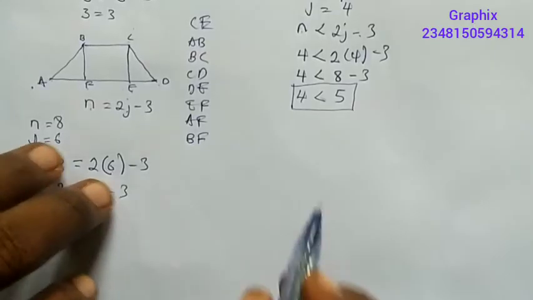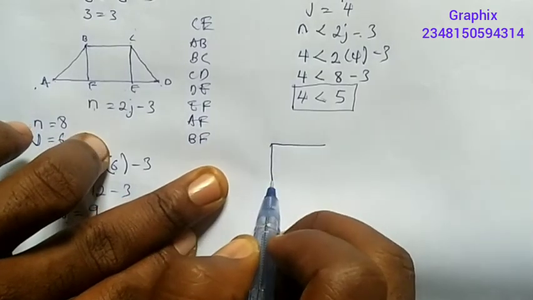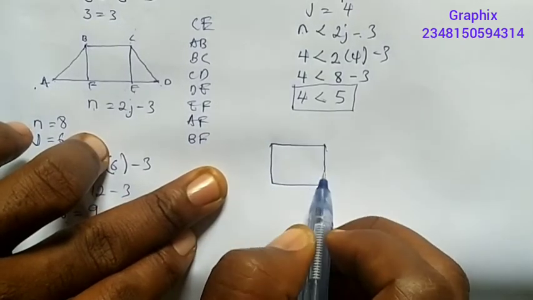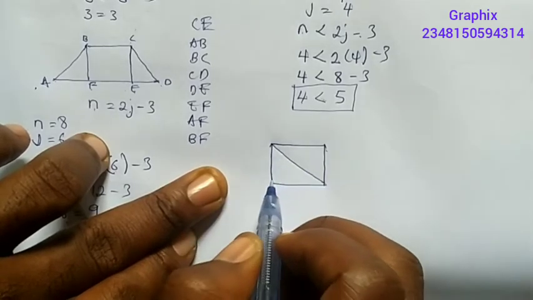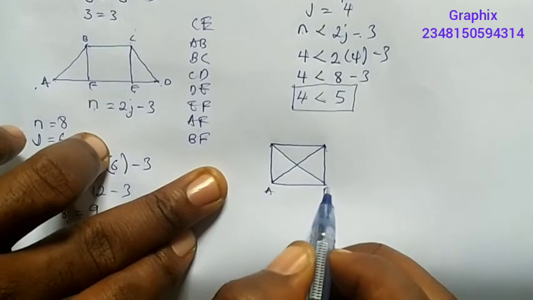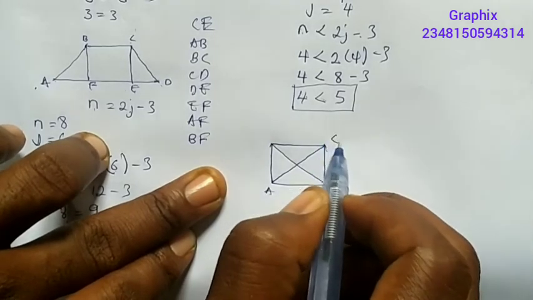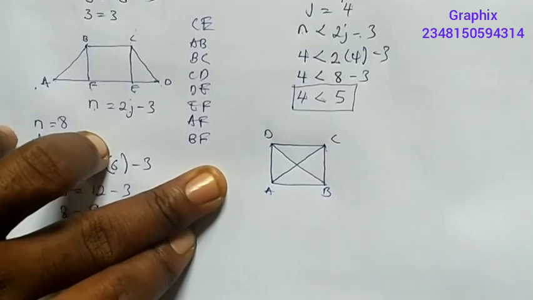Now let's take this example again. I have a frame this way, coming in this direction and this direction. So let's say this is A, B, C, D. Let's see how many members we have here.